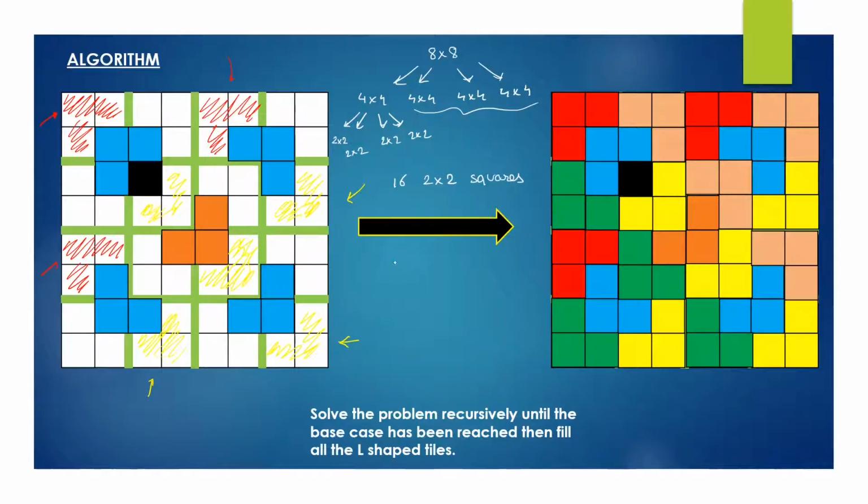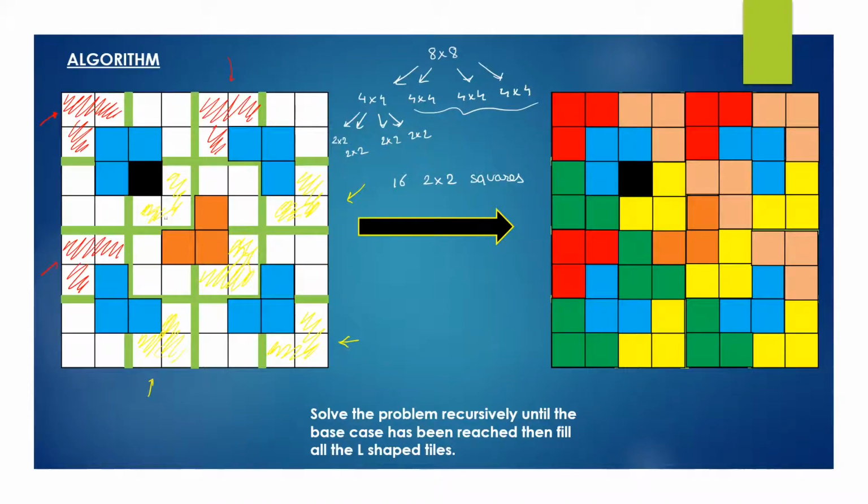And using our algorithm that we've mentioned, when you divide a problem into smaller sub problems, you fill an L-shaped tile at the center such that the L-shaped tile is placed in such a way that the void tile, or the tile that has been filled in the previous step, does not get any share of your L-shaped tile.